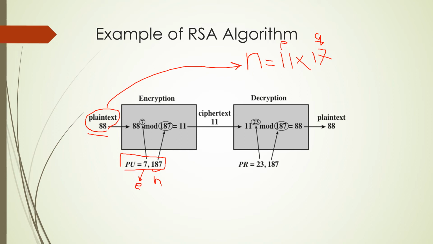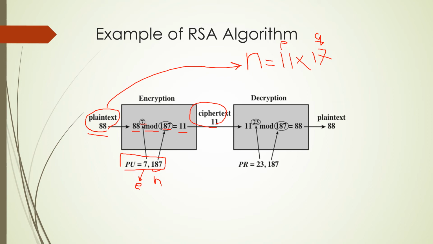What Bob does is raise 88, the plain text, to the power of 7. If you have a calculator, you can do it because that's not going to be a huge number. And then find the remainder when it's divided by 187. The result is going to be 11, and the 11 would be your ciphertext.